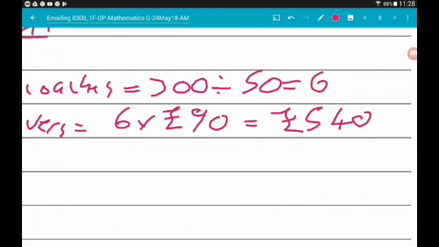So we now want to do 12.48 add 7.8. So 7.80. Okay, so 8 add 0 is 8. 4 add 8 is 12.